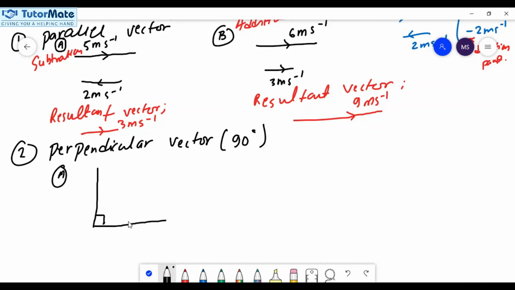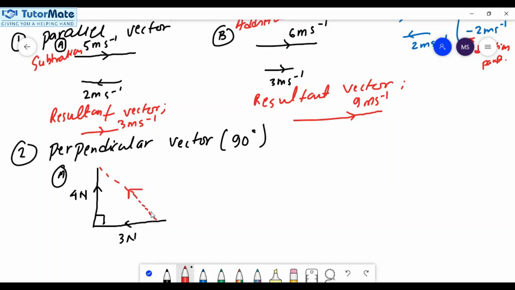This is a 3 Newton force. Force is a vector quantity, so we can use it here in vector. And this is 4 Newton. In this case, the resultant would be its hypotenuse. This is also the triangular law, and the direction would be like this.